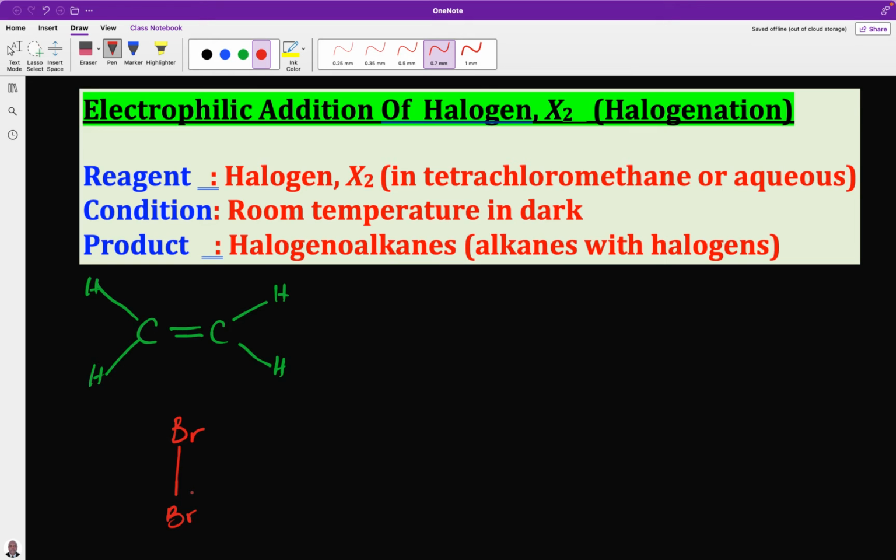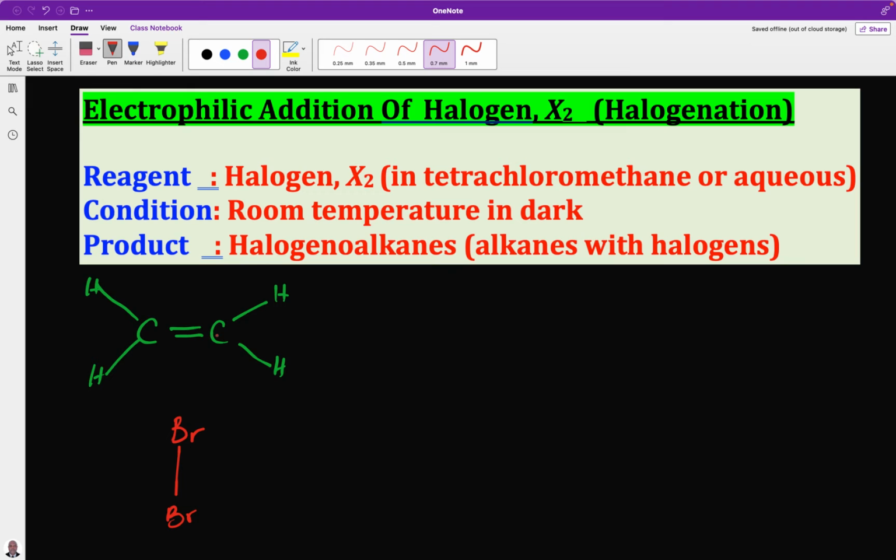Now, there is one thing you have to remember. The ethene molecule is not polar. The bromine molecule is not also polar.